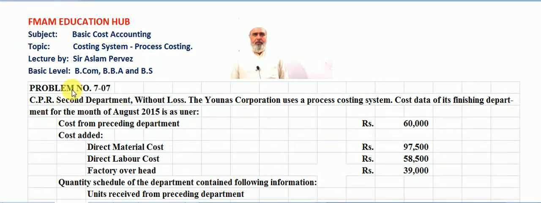Problem number 7.7. CPR stands for Cost of Production Reports, second department, without loss. The Yunus Corporation uses a process costing system.